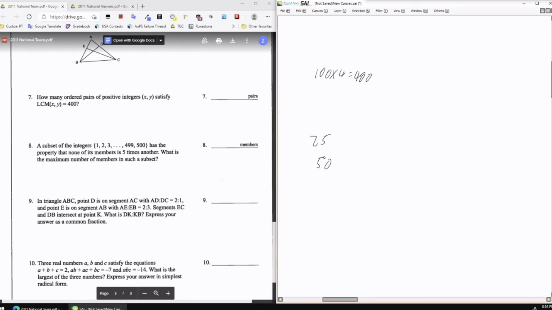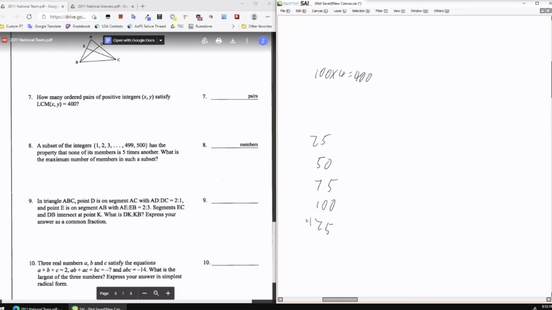So it's basically every multiple of 25, but we can't have 125 because 125 is 5 times 25.